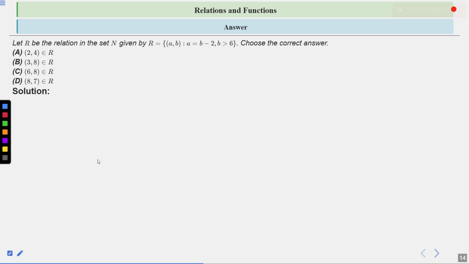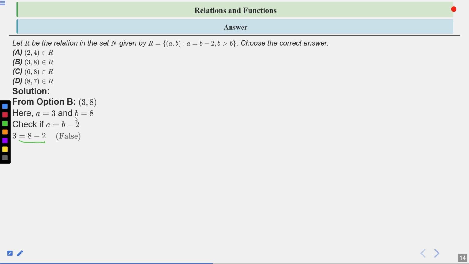For the second option B, 3 comma 8 pair. A is 3, B is 8. A is B minus 2. If you try to see what's happening, it is simply A is equal to B minus 2.